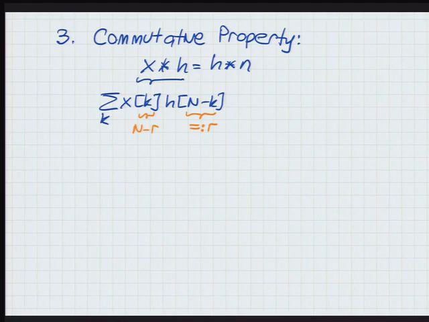So then I can change the summation. Instead of summing over k, I can equivalently sum over r, and then this looks like h of r, x of n minus r, okay? And there you go. Now h is left alone, x is flipped and dragged, okay? And you get the same answer, obviously, right? So the order does not matter in convolution.